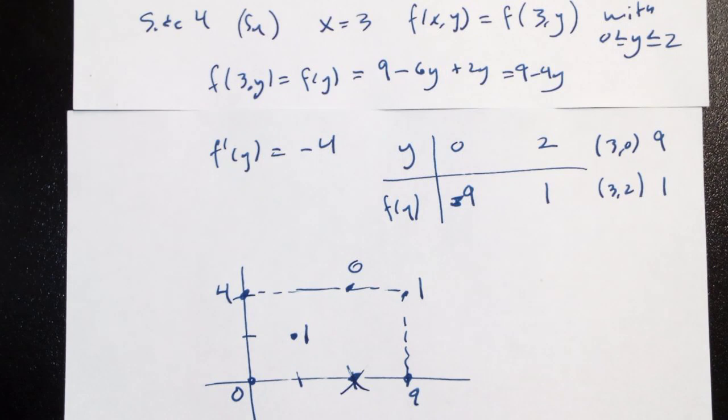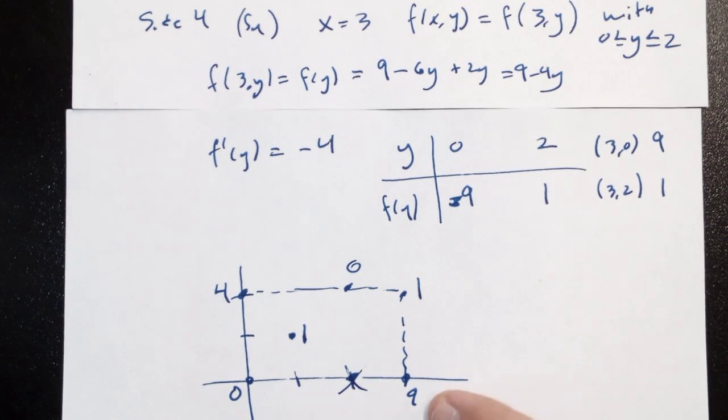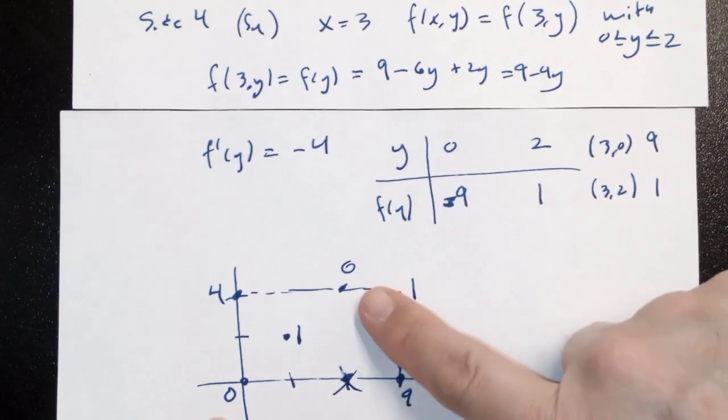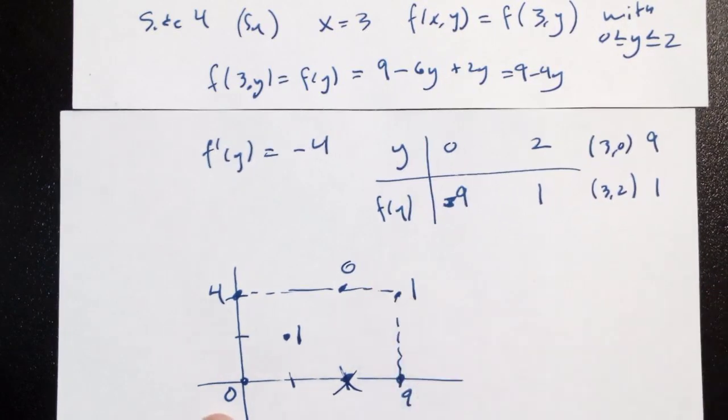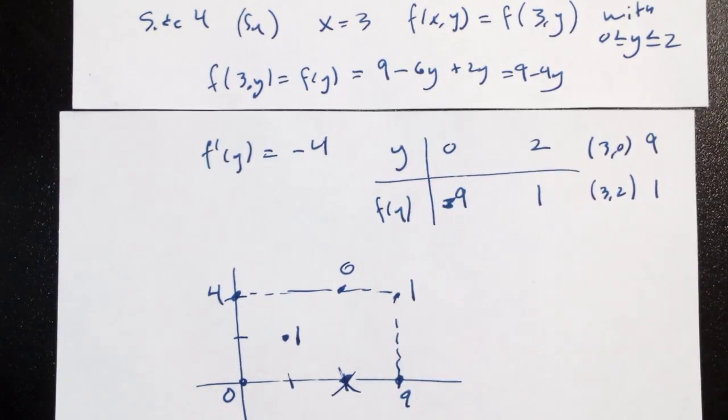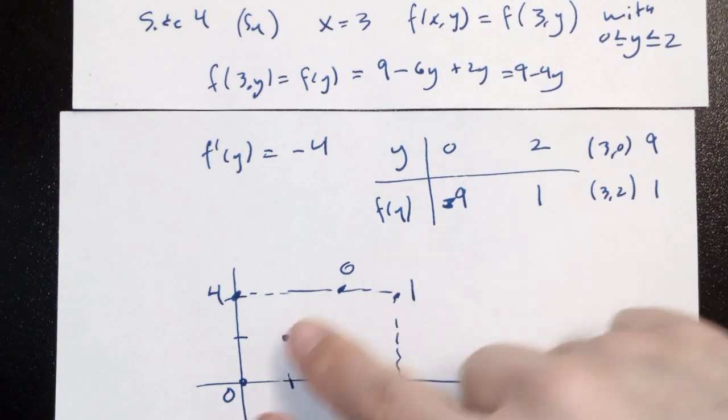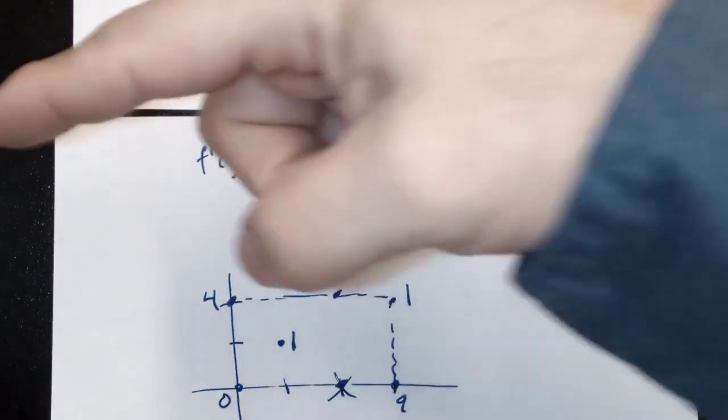Now I know. Where's my maximum? Here. Where's my minimum? Here. Which means this shape, just from looking at these numbers, goes down in this direction, goes up in this direction.